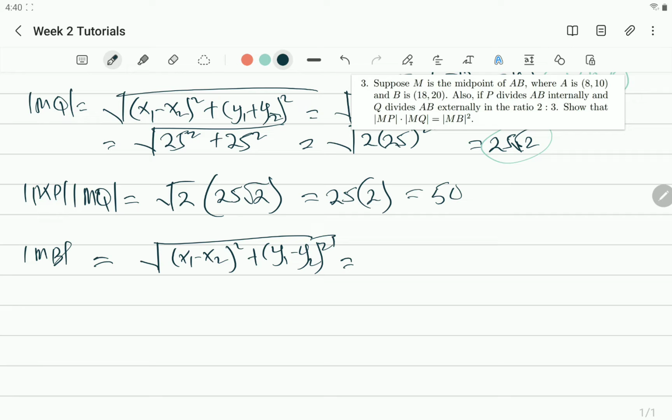We do our substitution. Remember, our M is 13, 15, and our B was given in the question as 18, 20.